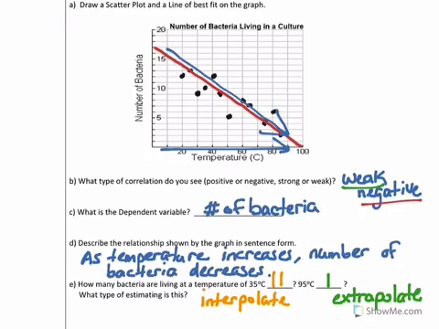So the bacteria decreases in number. We just want to write that as a very simple sentence. And I usually start with "as," and then I would describe what happens. So as the temperature increases or decreases, the bacteria will increase or decrease. So that's usually how I write my relationship sentence.